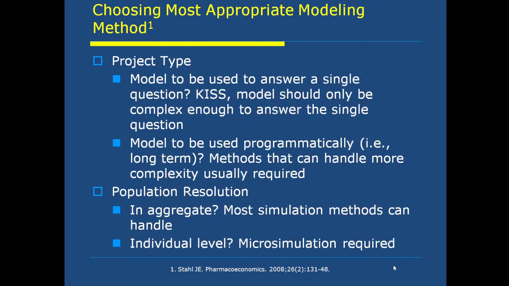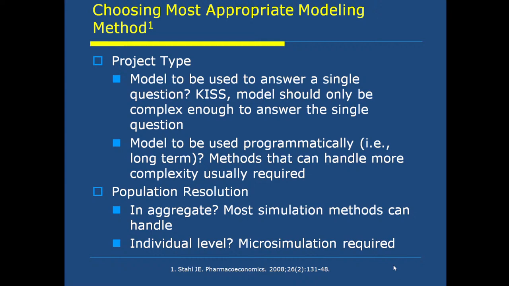Project type. What does it mean, project type? First of all, we need to understand which model is to be used to answer a single question. There are different possible models. Models should only be complex enough to answer the single question. Is the model to be used programmatically or long-term?